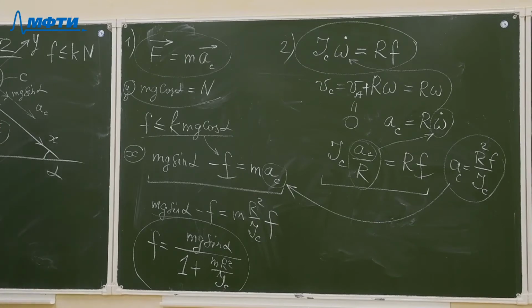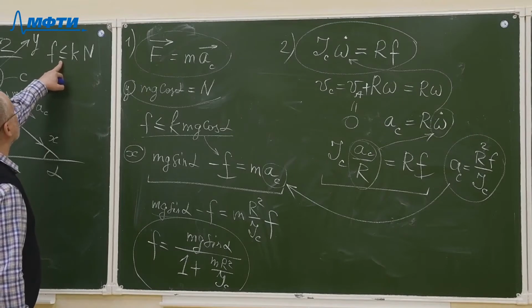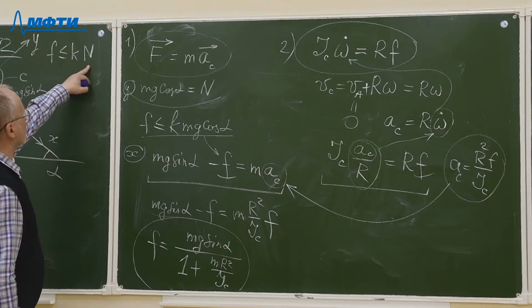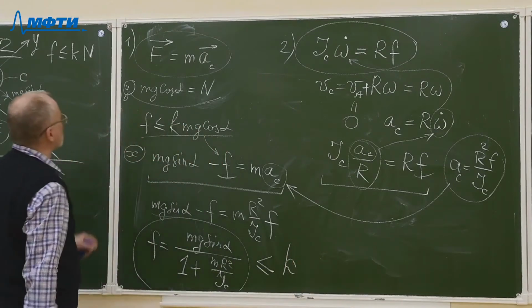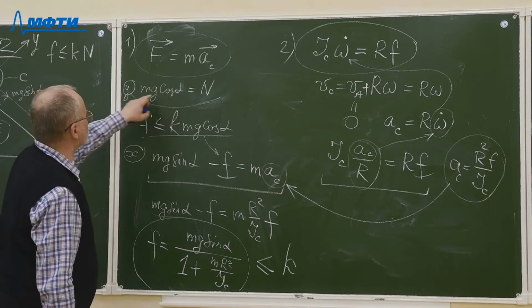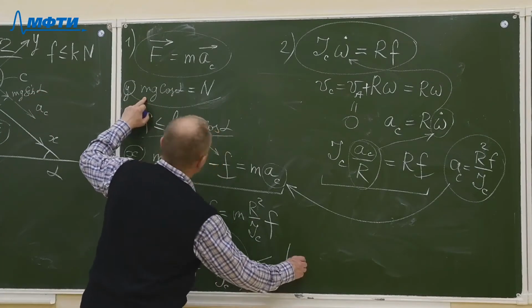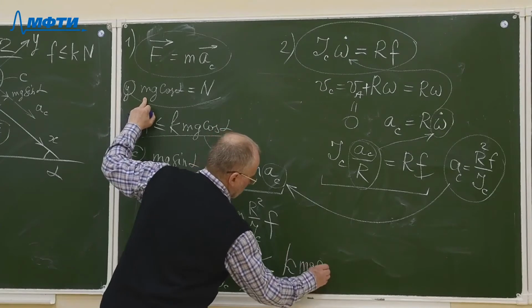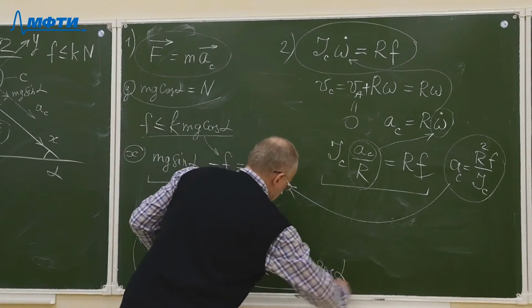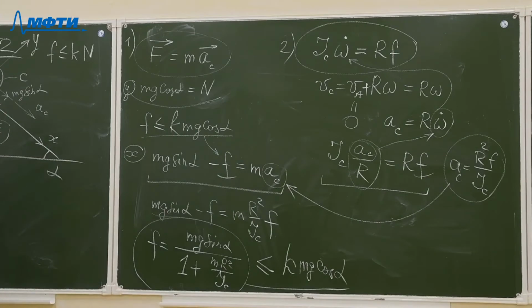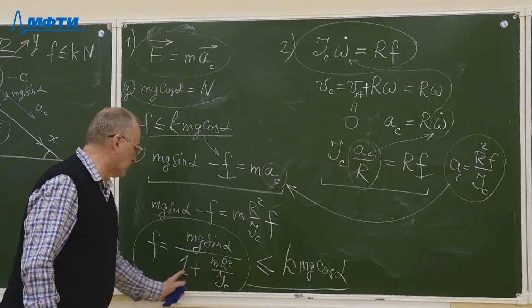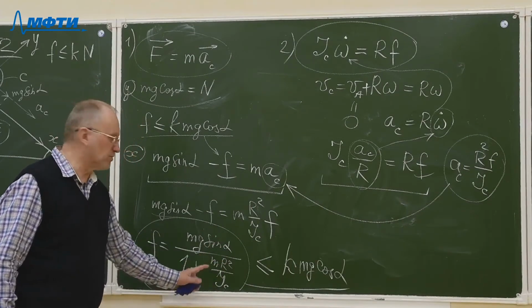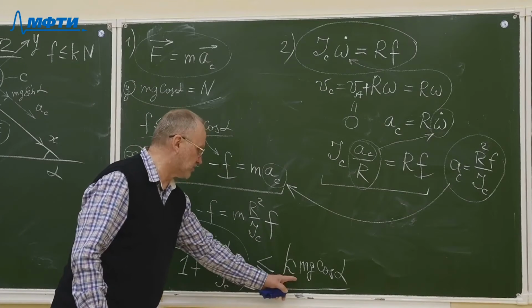And we know that the force of friction is always less or equal to kN. So this quantity is less than or equal to coefficient of friction times N. And N is the force of normal reaction, which is found here, which is mg cosine alpha. So we obtain some condition, some inequality, which involves all the given quantities which are known from the statement of the problem, and the unknown coefficient of friction.